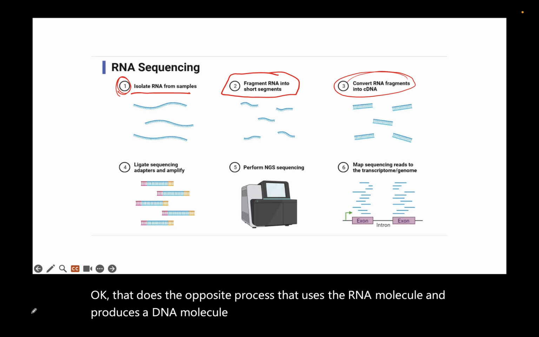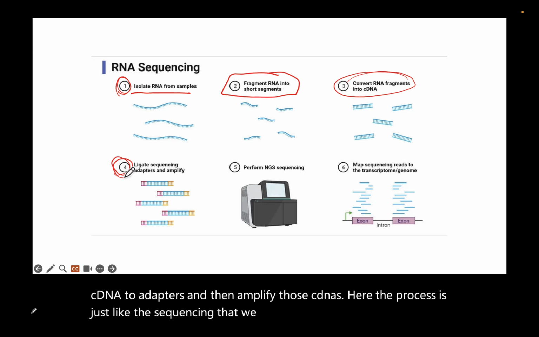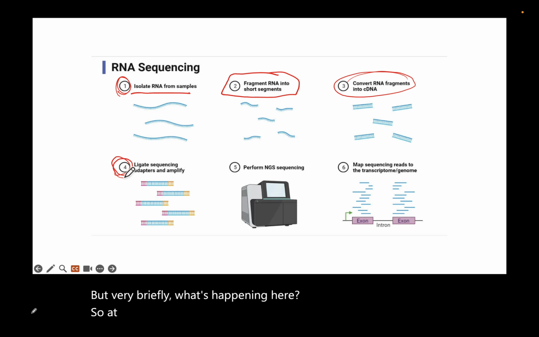Then the fourth step here is to connect that cDNA to adapters and then amplify those cDNAs. Here the process is just like the sequencing that we talked about at the beginning of this class. But very briefly, what's happening here? At this step, we insert these short adapter sequences to both ends of each cDNA fragment.